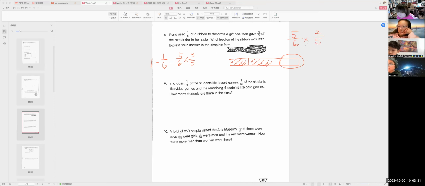Because 5/6 is whatever has been left after the first cut, and we use 3/5, so what is left, Andrew, is 2/5. So you don't have to do the other way. You can just do one equation. So the answer is 1/3.